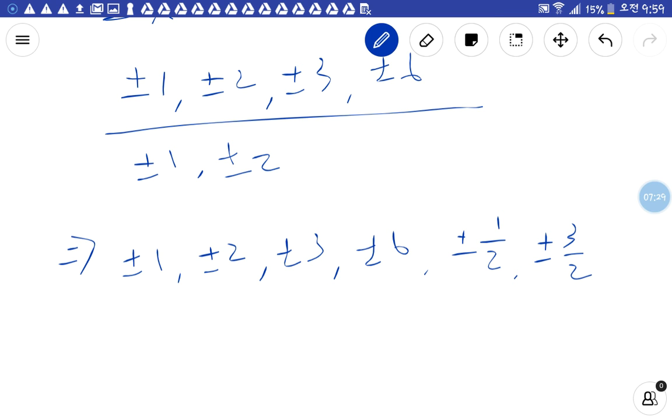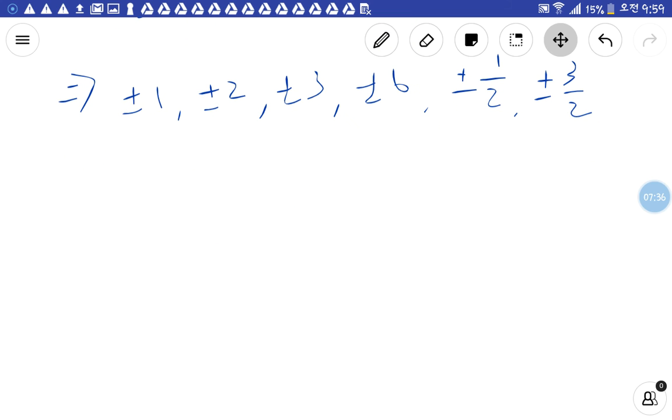Now, the next step is to test each possible rational root until you find the one that makes the entire equation 0. It's totally up to you how to choose, but I prefer to start with 1 or negative 1. So I'm going to start with 1 this time and check how it works.